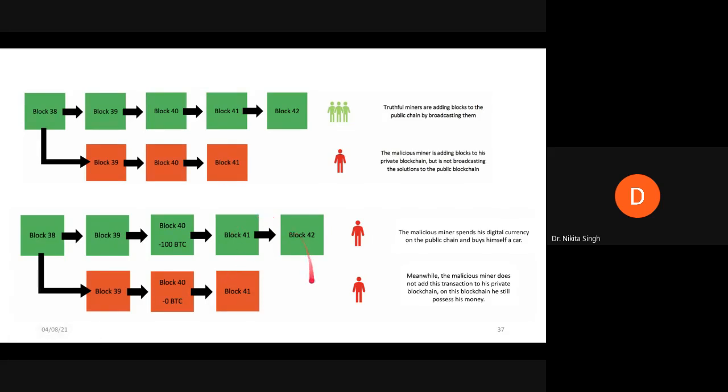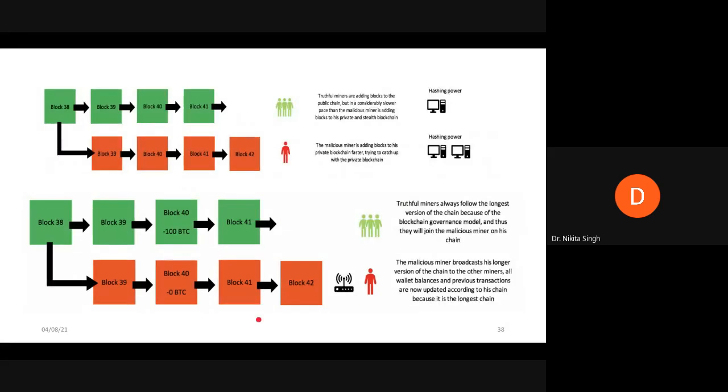So the scenario here is we have an honest blockchain, a dishonest miner spends his money on this honest blockchain, but in his blockchain, that is the isolated blockchain, he does not add this transaction. So on his isolated blockchain, he still possesses 100 bitcoins. Okay.